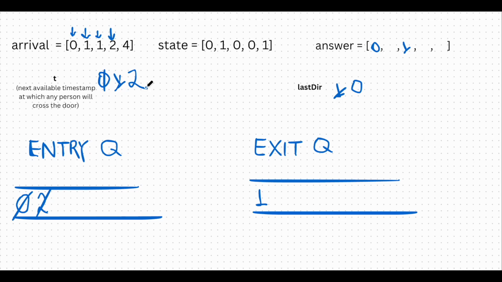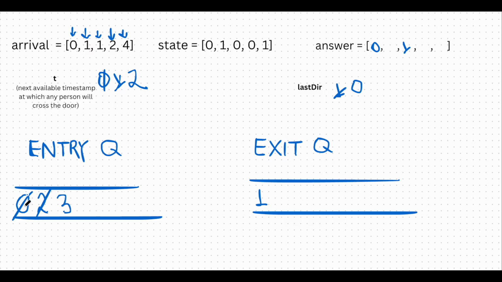Now this person will qualify and can pass through the door at t equals 2. So we push this candidate in the queue. Its state is 0, so we push it in the entry queue, the index is 3. Then we come here, we see that the arrival time is 4, this is 2, so this cannot go at t equals 2.